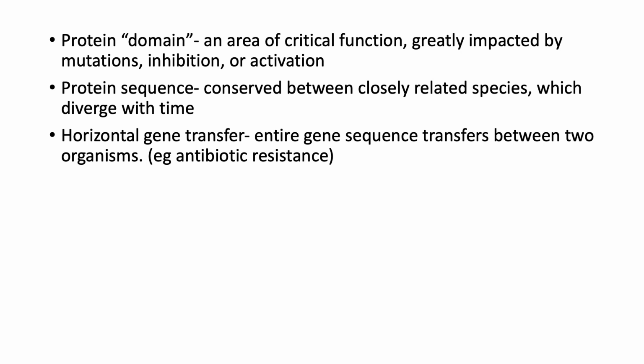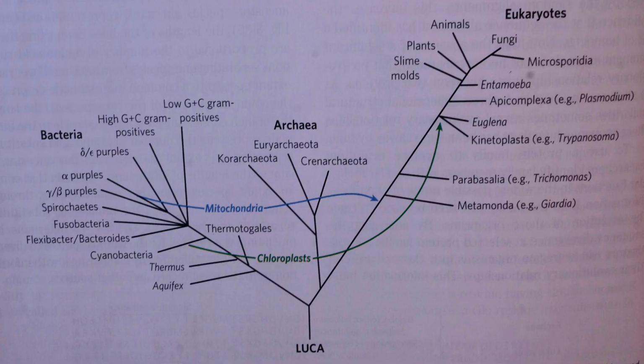The protein sequence is conserved between closely related species. They diverge with time, and you can also have horizontal gene transfer, where the entire sequence will transfer between two organisms. And this is an example, for example, of antibiotic resistance.